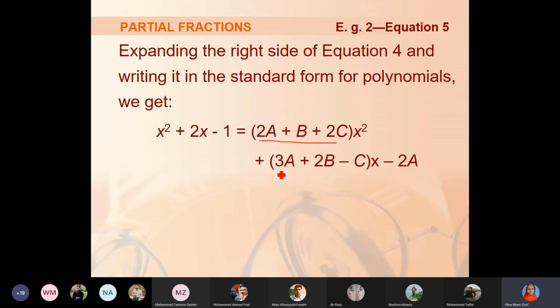With x square these terms are coming. Now I will compare because both the polynomials are equal, it means their corresponding coefficients are equal. The coefficients of x square: over here I have 1, and on the right hand side the coefficient is 2a plus b plus 2c.